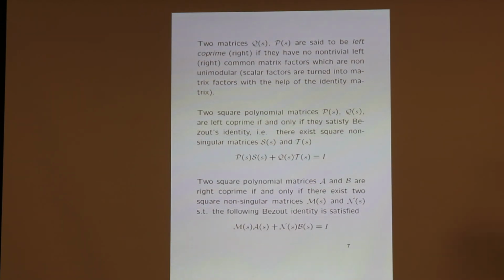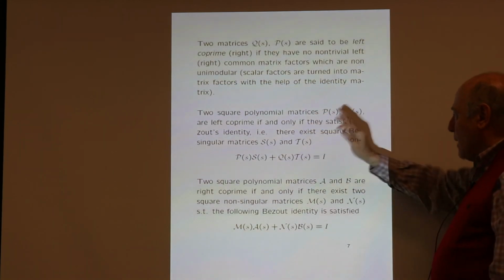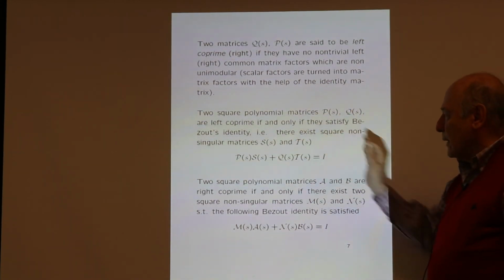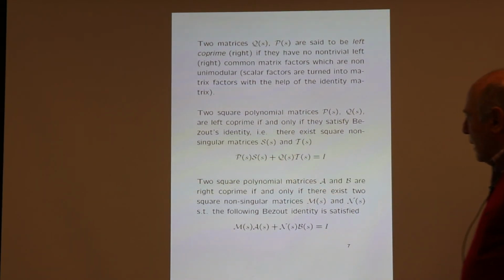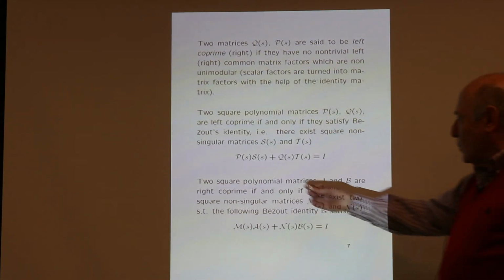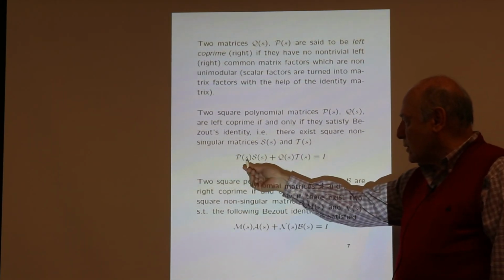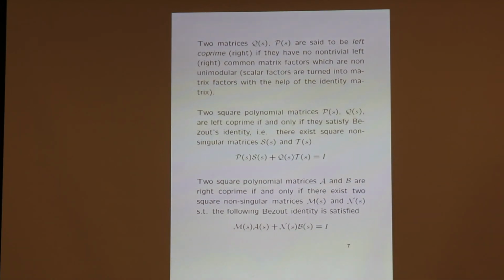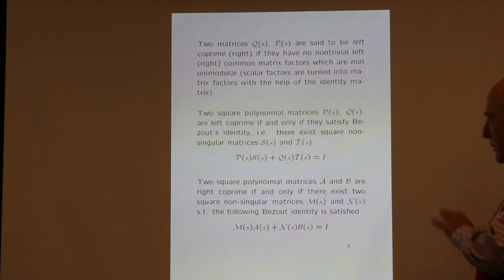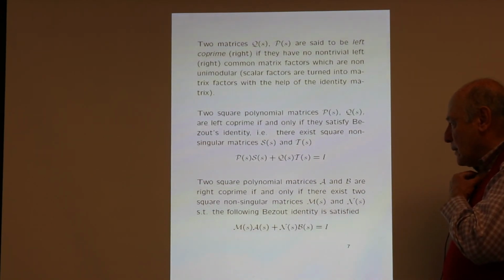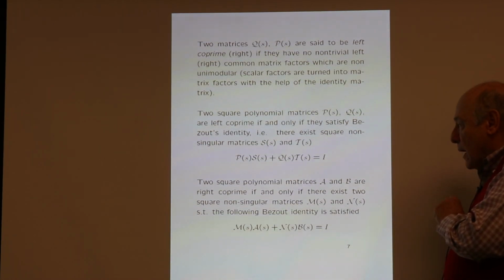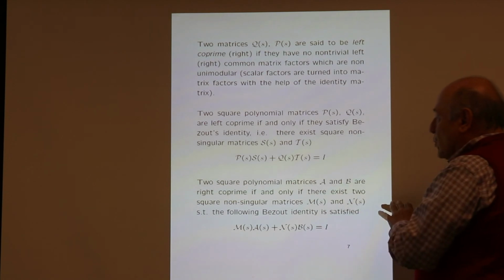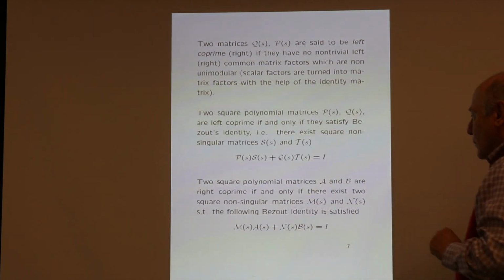So two square polynomial matrices will be right or left coprime if and only if they satisfy the Bezout identity. For instance, if P and Q are left coprime, then you can find matrices S and T such that PS plus QT is the identity. The same property that we had for scalar polynomials to be coprime was the satisfaction of the Bezout identity for a pair of polynomials.